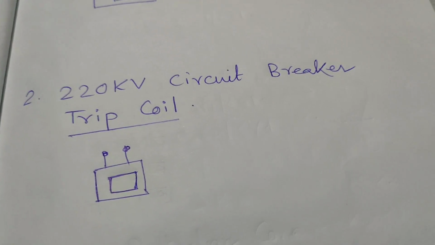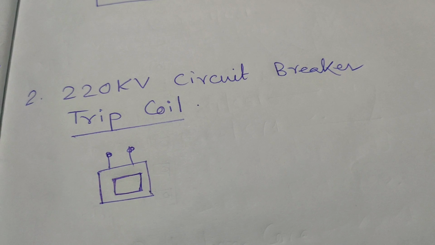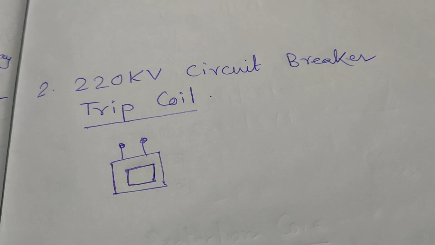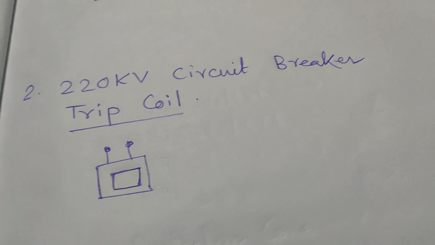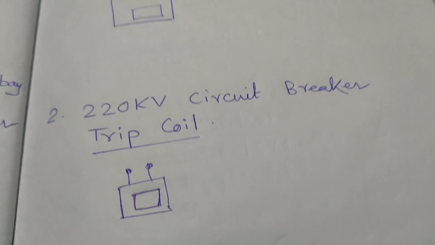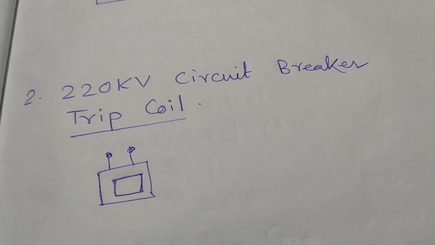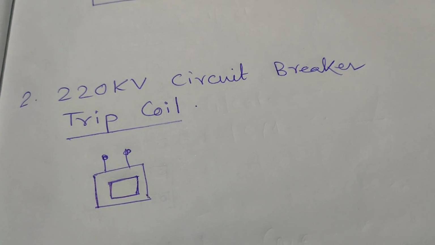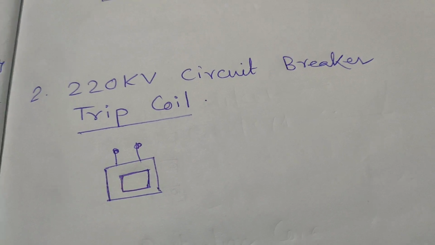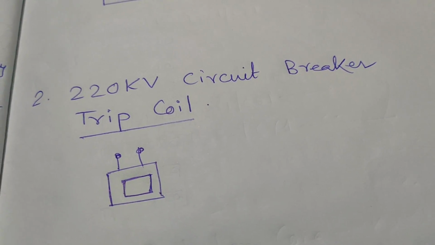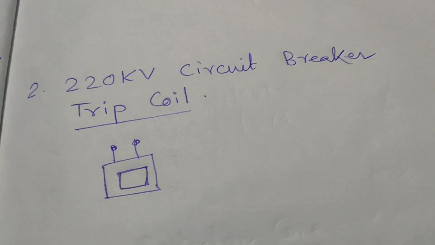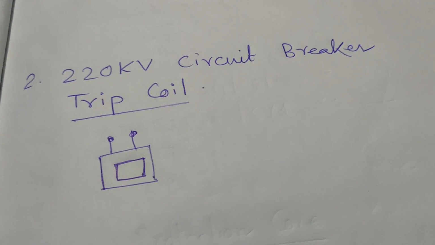But today the problem was not solved, because we had already checked the fuse is in okay condition, and we concluded that the trip coil of the circuit breaker had been damaged. So we transferred the concerned bay with the help of the transfer bus coupler, and then we freed the circuit breaker for thorough maintenance and checking of the trip coil.